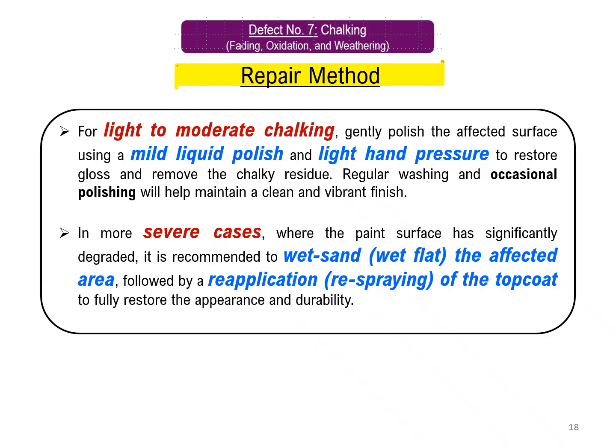Regular washing and occasional polish will help maintain a clean and vibrant finish. And in more severe cases, where the paint surface has significantly degraded, it is recommended to wet sand the affected area, followed by reapplication of the top coat to fully restore the appearance and durability.